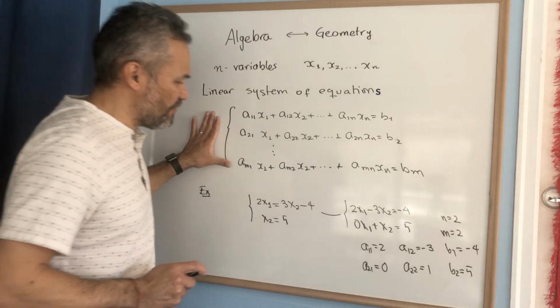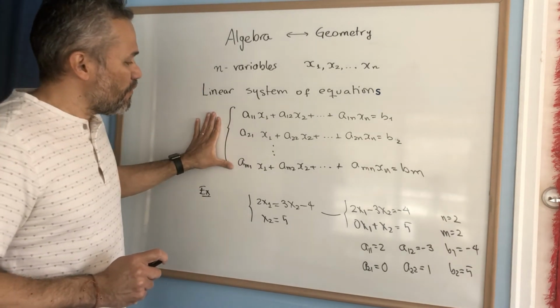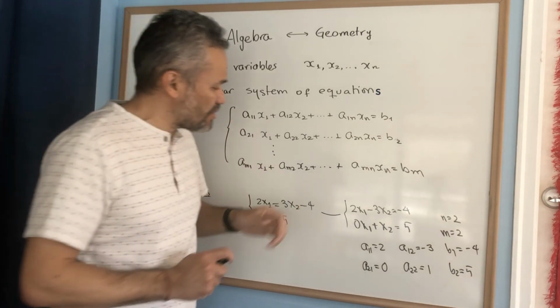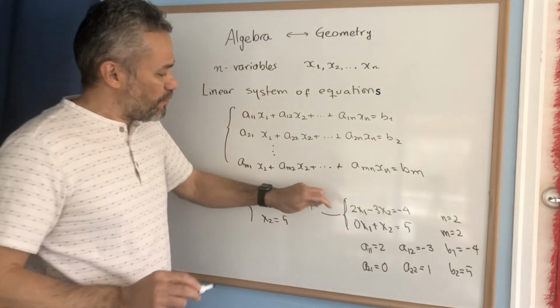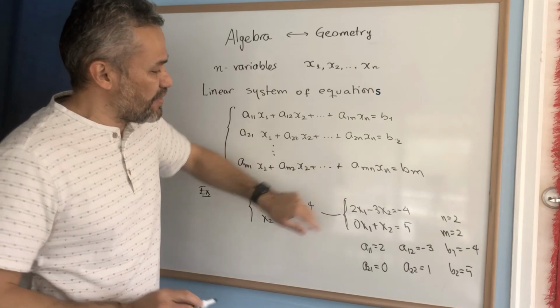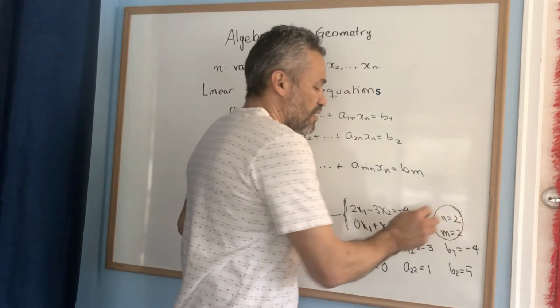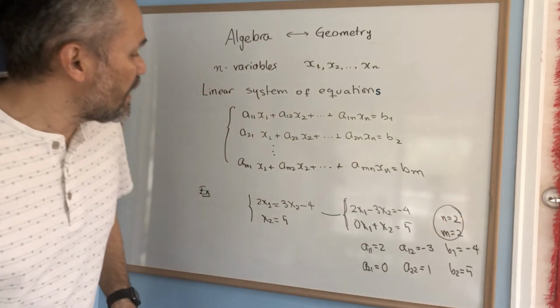Then this is a general definition, and just to finish with something, I would like to emphasize that we are very, very familiar with this when you have two equations with two variables.